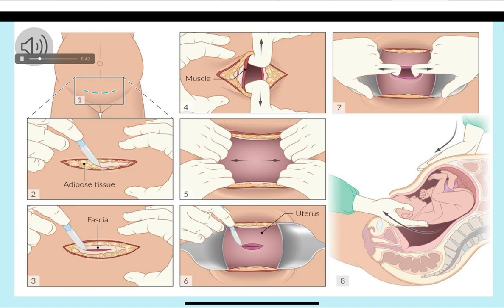So, section 1 is the suprapubic transverse incision. That is just a type of incision they are doing over the anterior abdomen and the uterine fundus. So uterine fundus, guys, if you are a woman, I would recommend that you look up your uterine fundus. You want to understand your body and know what these things look like. So they're going to make a cut across that spot right there.